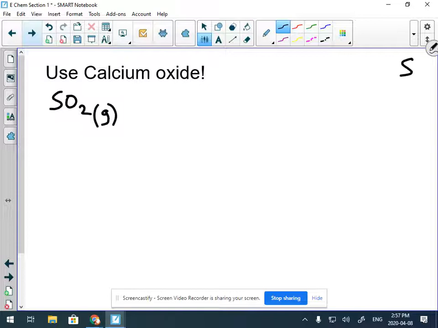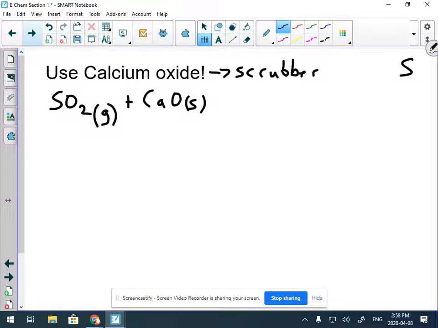But anyways, so when sulfur dioxide is burnt, we can use something called calcium oxide in something called a scrubber. Scrubbers are put on within the industrial process to remove pollutants.